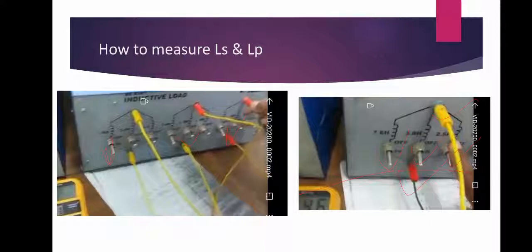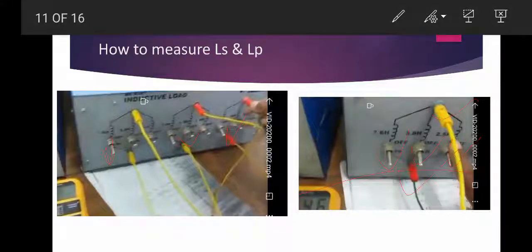How to measure LS and LP? The inductors in the picture on the left are connected in series. We have to switch on L1, L2, L3, like this.